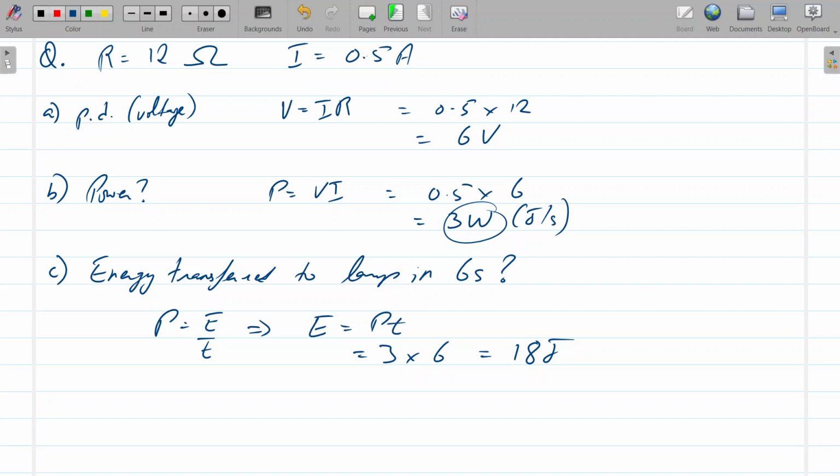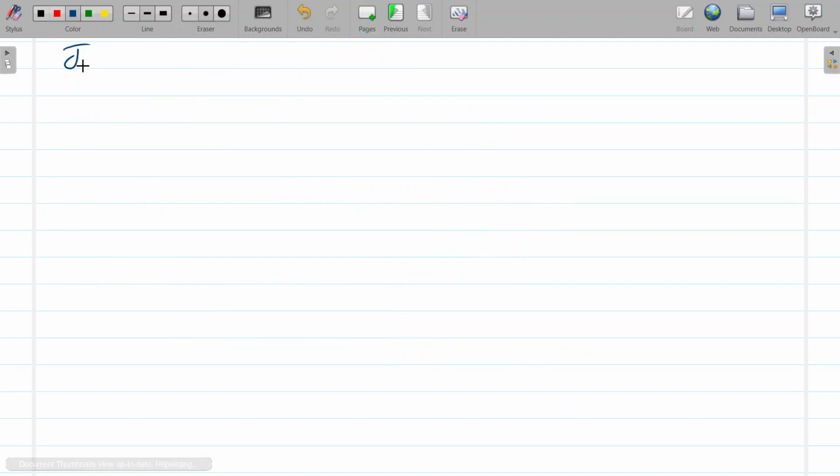Now, something simple enough to wrap things up. The first thing is a joule meter. This is a device that can be used to measure the electrical energy directly.